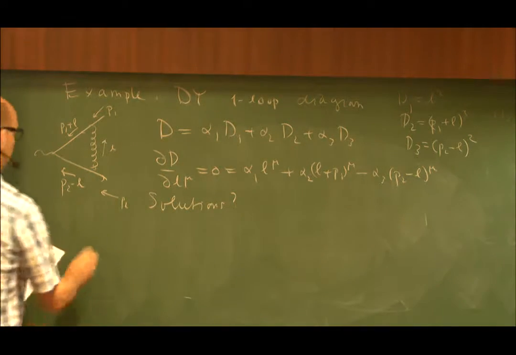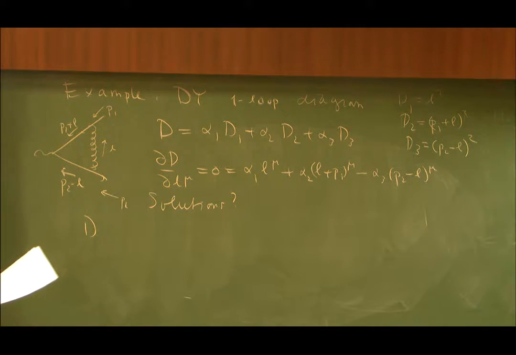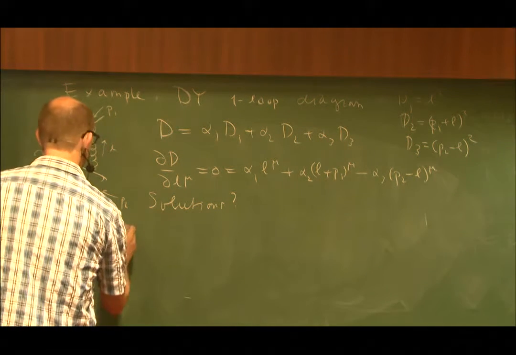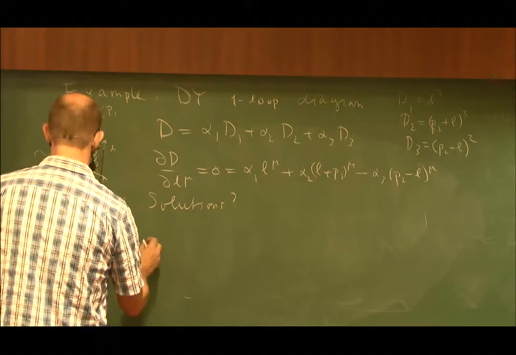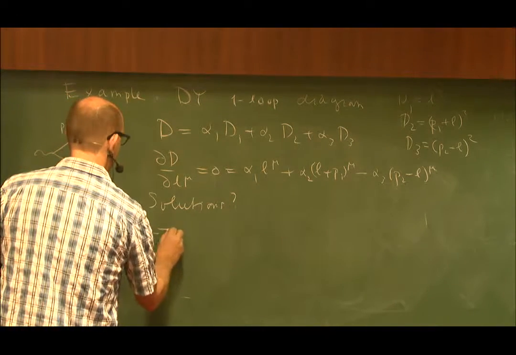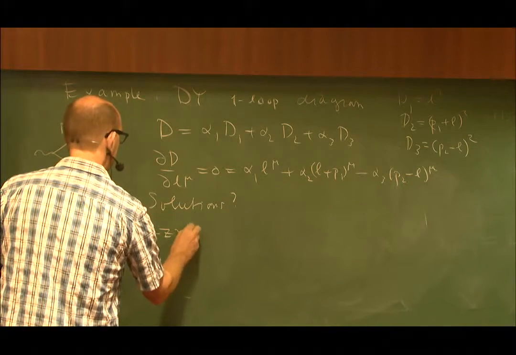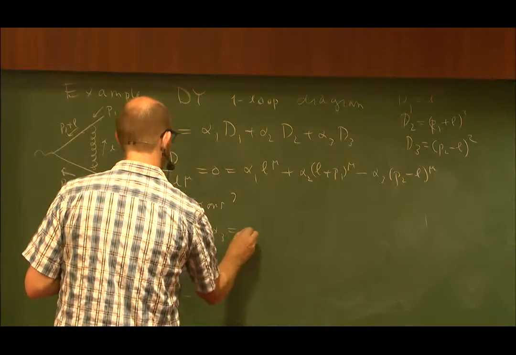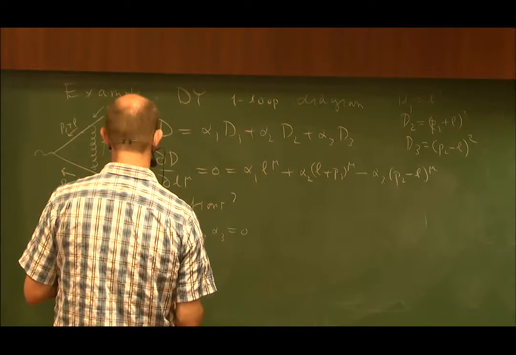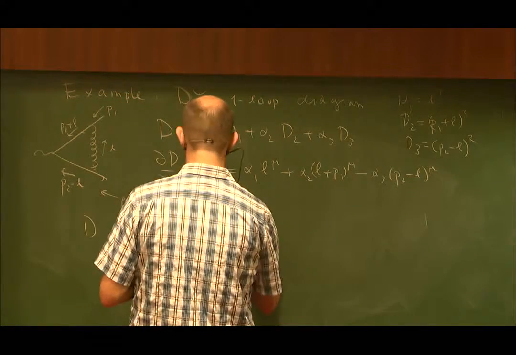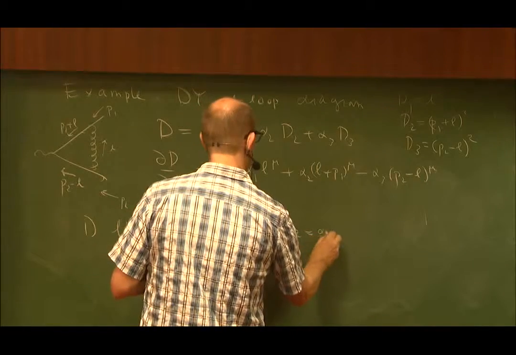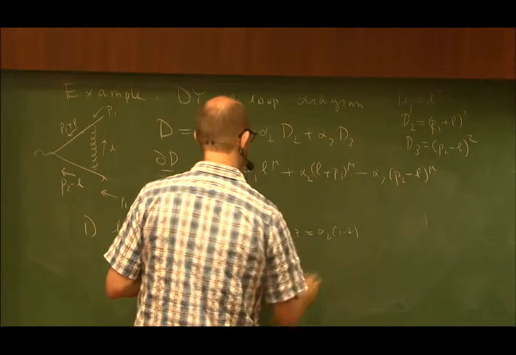Well, one solution I can think of is, I'll just give them to you. So one is, if I take L mu equal to minus z times P1 mu, and I choose alpha 3 equal to 0, and minus alpha 1 z is equal to alpha 2 (1 minus z).